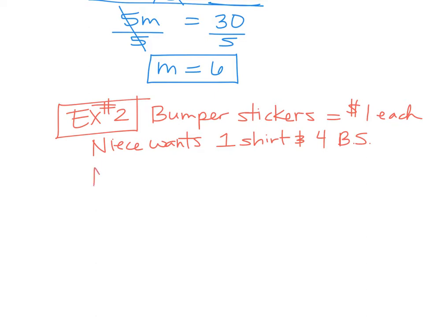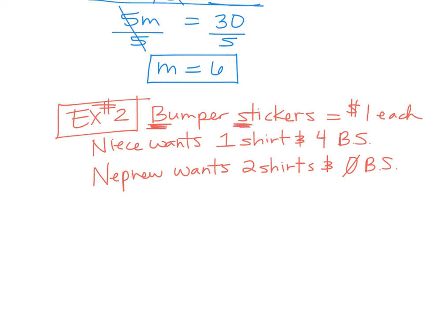And her nephew wants 2 shirts and no BS. Bumper stickers. Bumper stickers, people. Okay, so bumper stickers are $1 each. The niece wants a shirt and 4 bumper stickers.